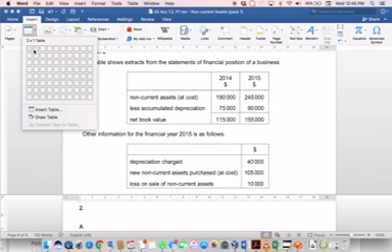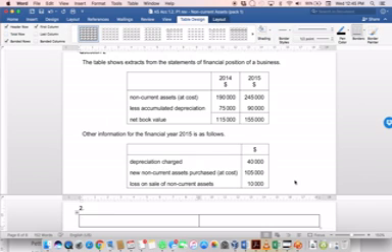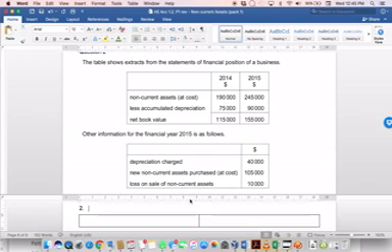If I just insert a little table like that. Okay. If I look at my assets over here, the easiest is to show it at carrying value. So I'm going to do my assets, my tangible assets, but I'm going to show them at carrying value.